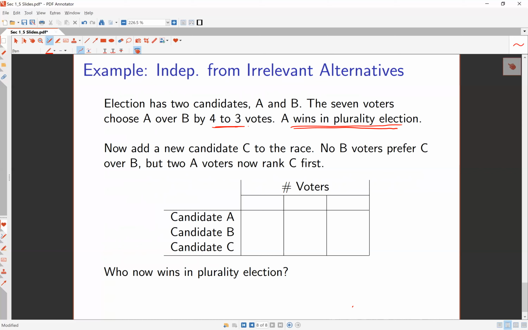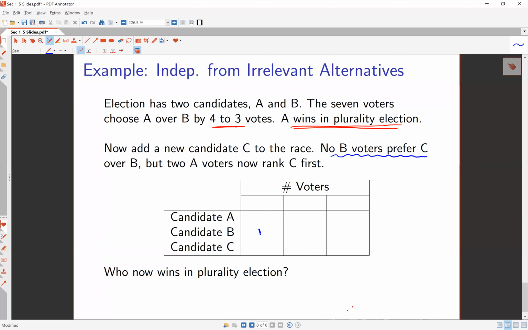Now we're rerunning the same election and we're adding a new candidate C to the race. So firstly, what we find is that of the voters who voted for B, none prefer C over B. So of the B voters, they would still rank B as their first choice.